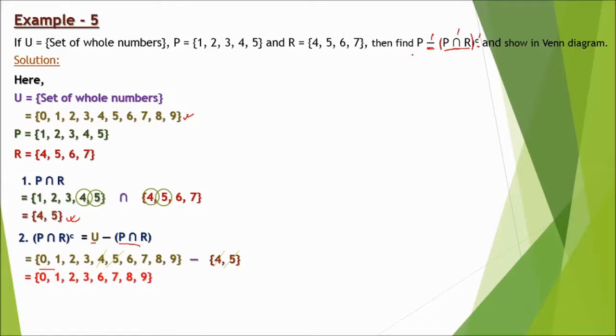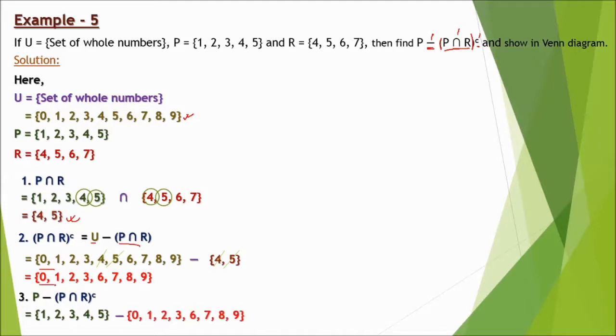Now finally P difference, P intersection R complement. In the third step, P difference, P intersection R complement. So first the elements of P, 1, 2, 3, 4, 5, and the difference operator and the elements of P intersection R complement here, the one in red color.